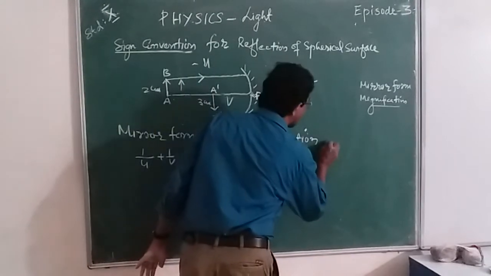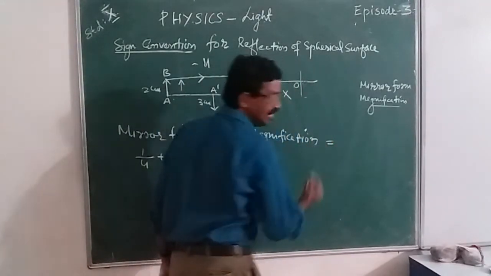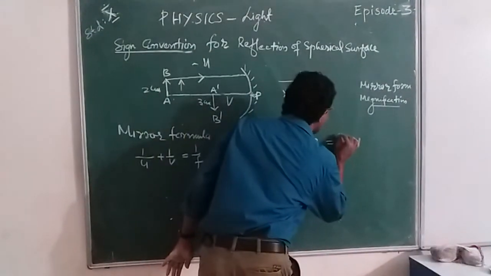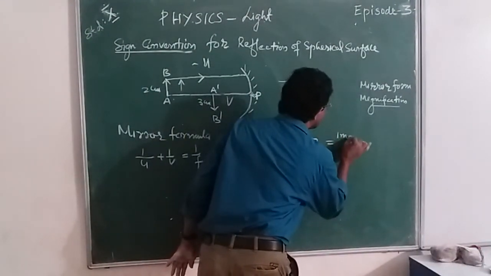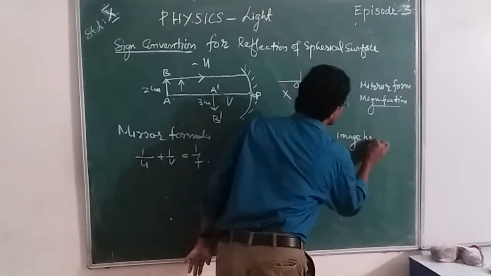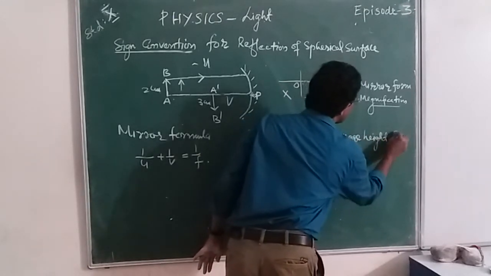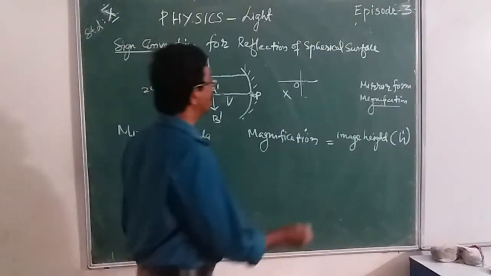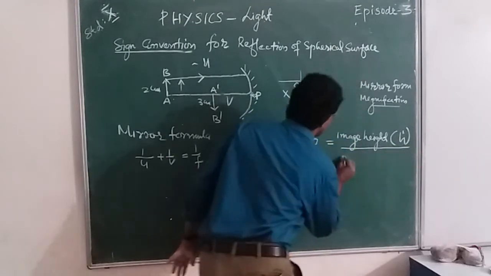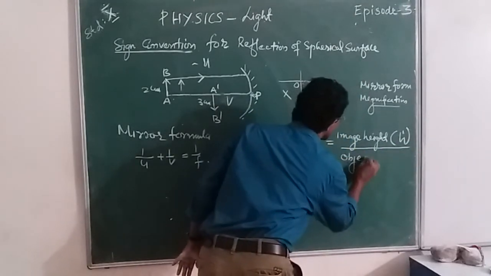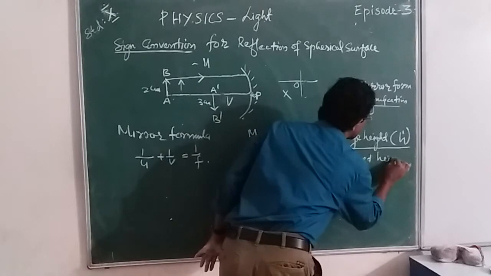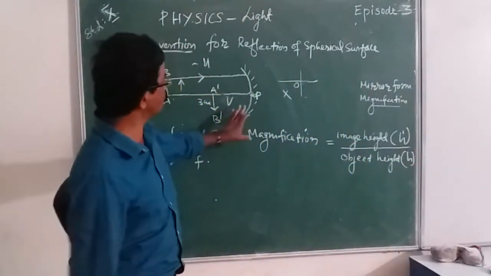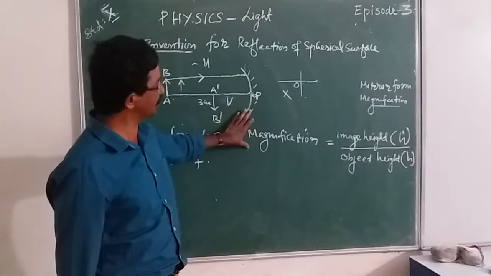Magnification is the ratio of image height, which we represent with H dash, to object height H. Magnification is a number.